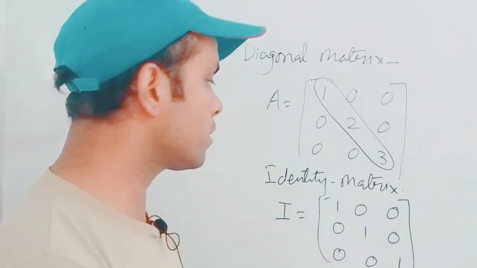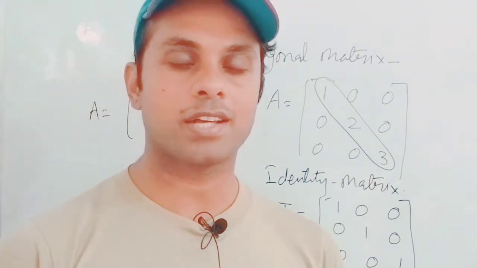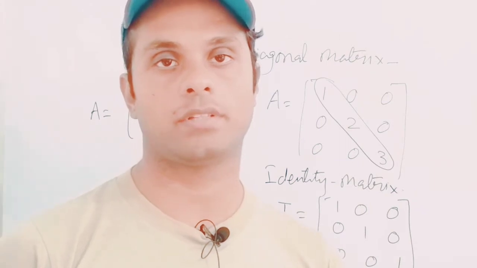Okay, so this was about identity matrix, and the last matrix is a zero matrix.